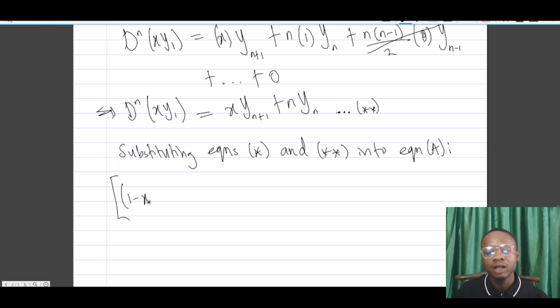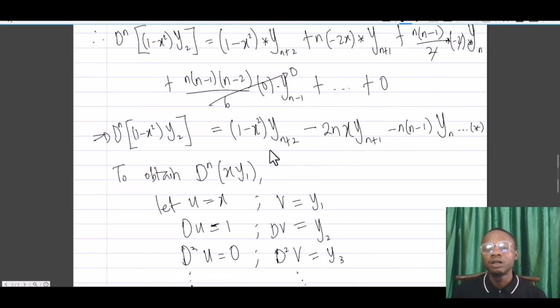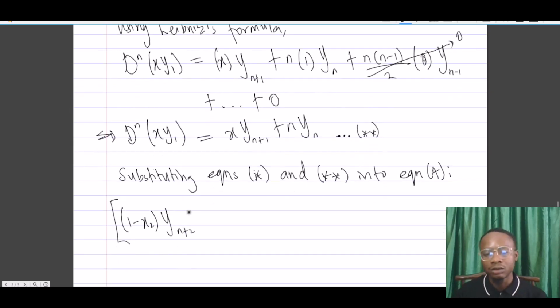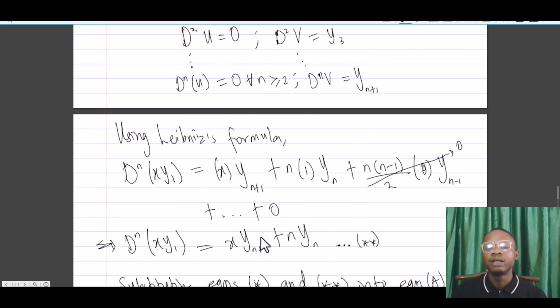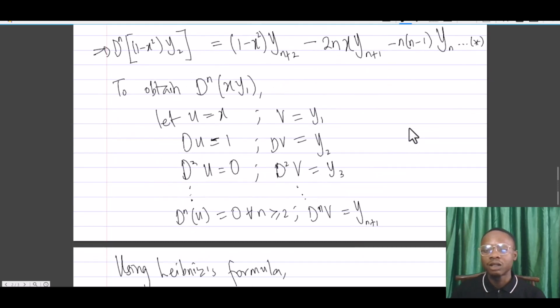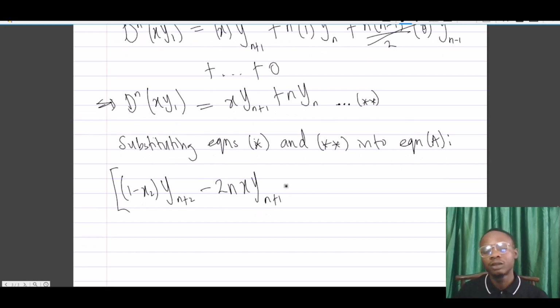So we're going to have (1 - x squared) y_{n+2}. So that's the first thing here. Next is minus 2n x y_{n+1}, then the next is minus n(n-1) y_n.